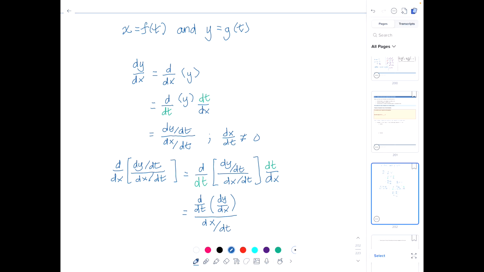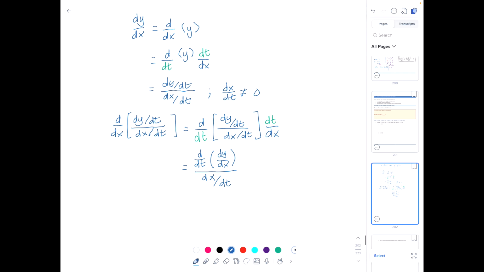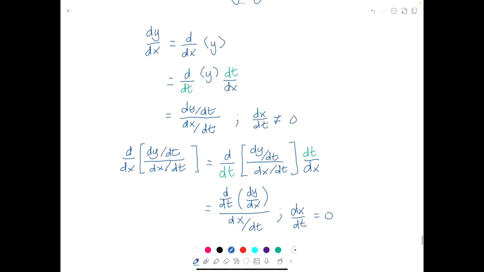Groovy? So again, we don't want dx dt to be equal to 0. And now we're good to go. So let's come on back here.